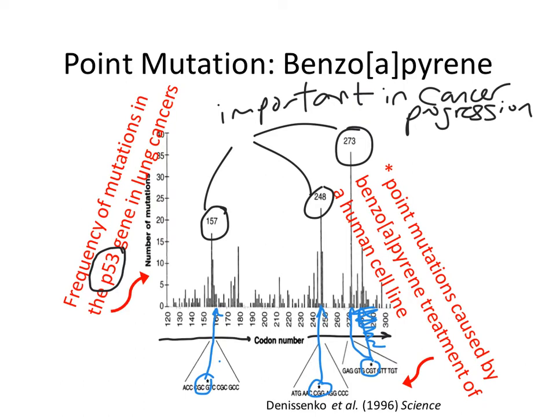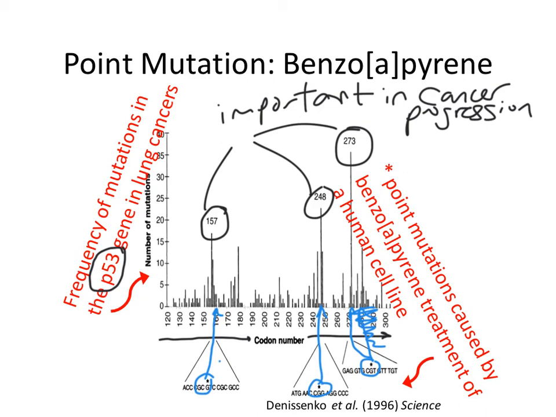So this suggests that in this particular case anyway, benzopyrene maybe makes non-random mutations, that it is selective about where it can attack DNA sequences and cause point mutations. The distribution of benzopyrene mutations here is non-random. It seems to be more likely to make certain mutations at certain parts of the gene.